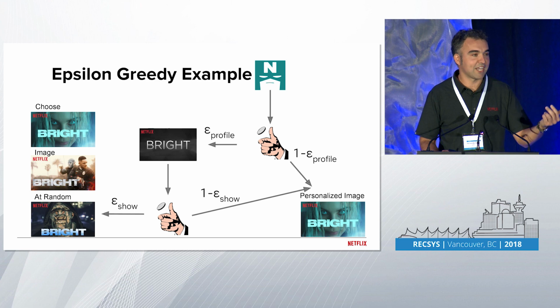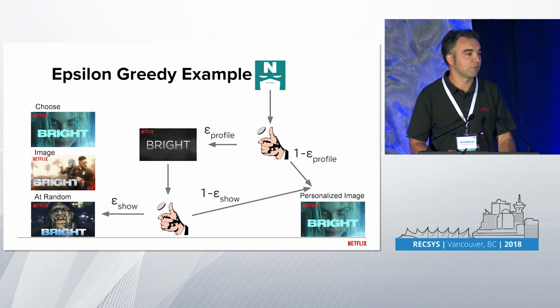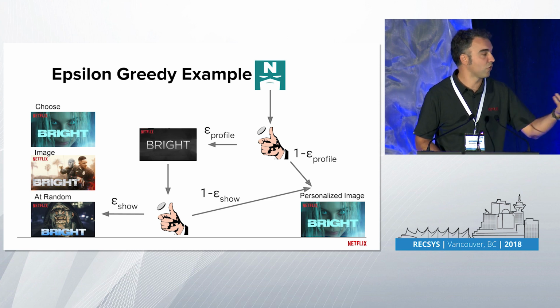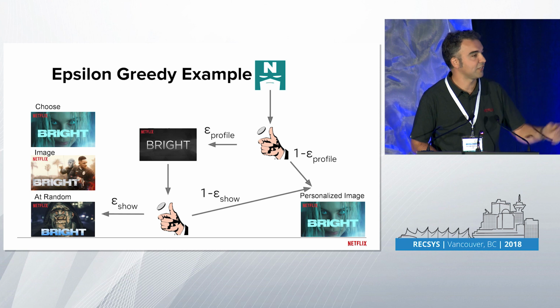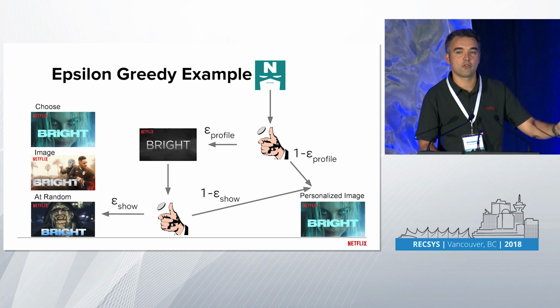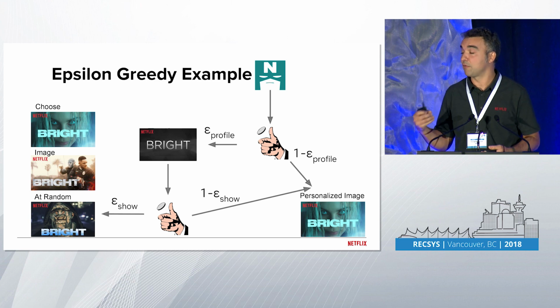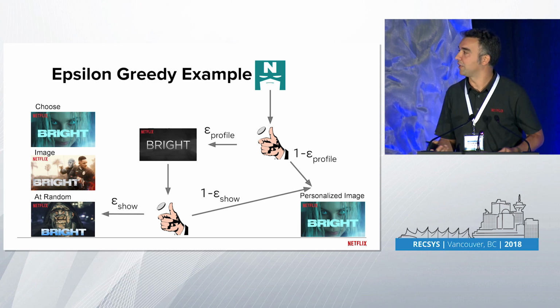So you flip another biased coin, which we can call epsilon show, and with probability epsilon show, you show one image at random from the 3 that you have. If the user has followed that path for that show, now there's a mini A/B test. That is basically a randomized trial of that image.